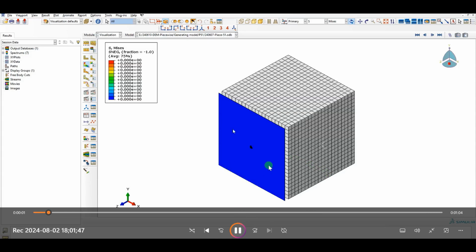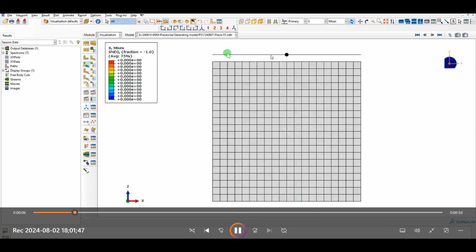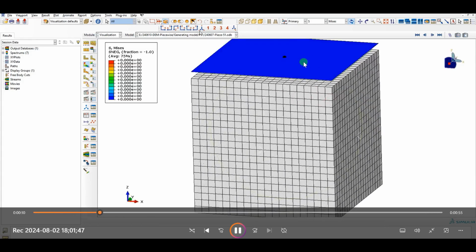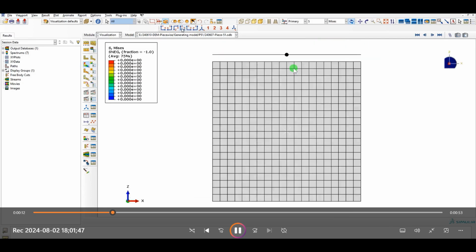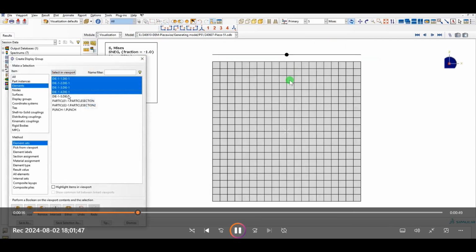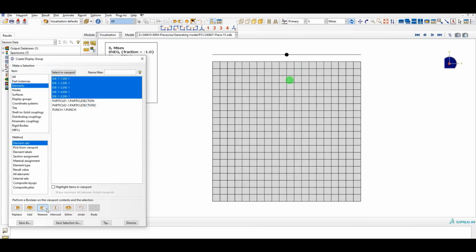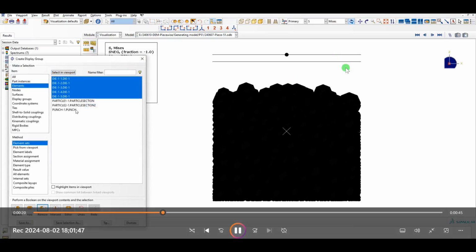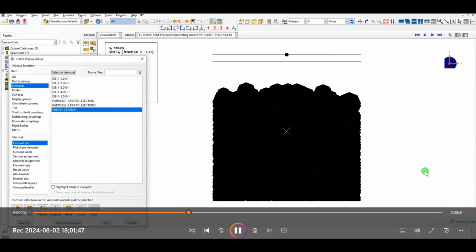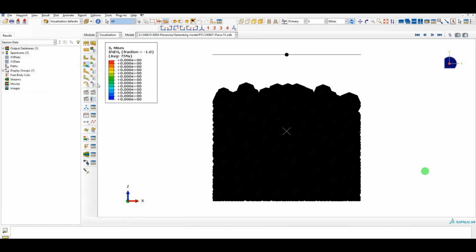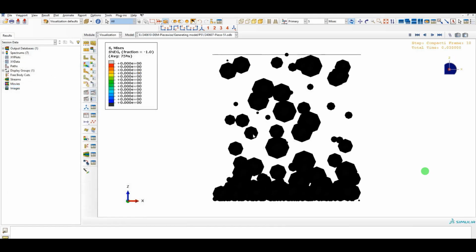As you can see, we have only one generator or inlet, and if we remove the die and punch, you will see the generation of particles.